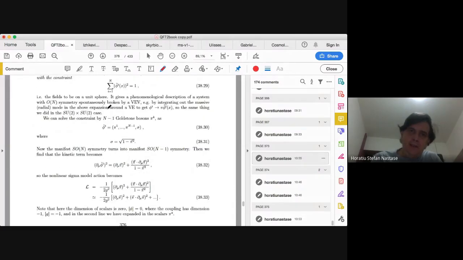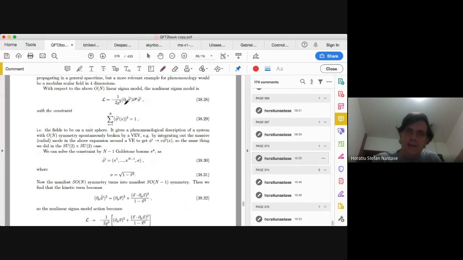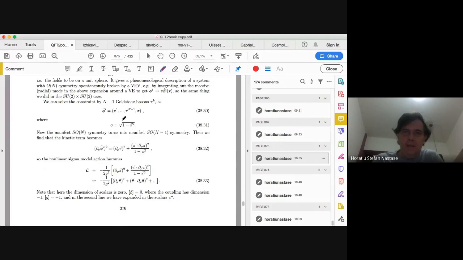So by solving the constraint, we see that this apparently linear sigma model kinetic term is actually nonlinear in terms of the independent fields. So d mu phi tilde I squared is d mu pi squared plus this nonlinear piece, pi dot d mu pi squared over 1 minus pi squared. Then I can just expand this denominator and obtain an infinite series in the pi fields.